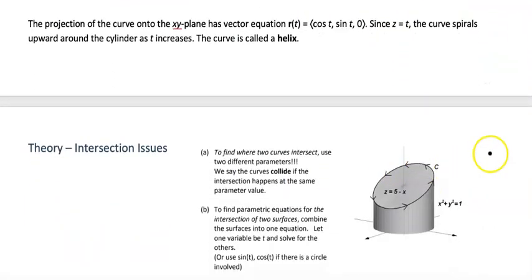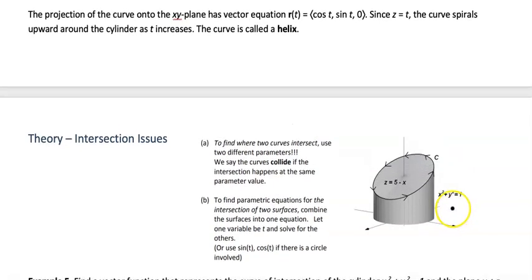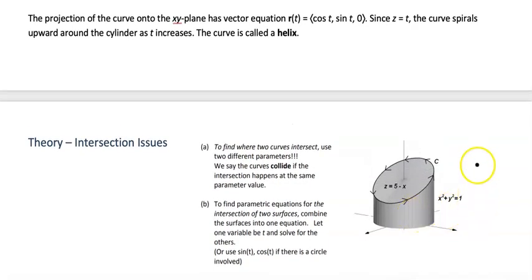So now let's move on to intersections. So we can find where 2 curves intersect. Now there's a difference between an intersection and a collision. So curves collide if the intersection happens at the same time. Curves intersect if an intersection happens but at different times.